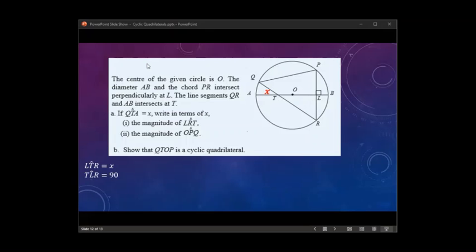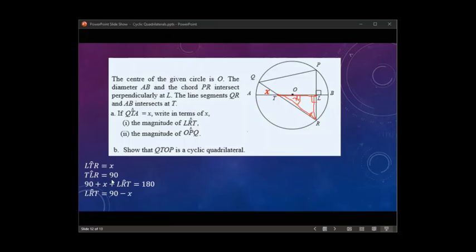Then, if you consider the sum of interior angles of this triangle, you can write 90 plus X plus LRT, this one, is equal to 180, sum of the interior angles of a triangle. So by simplifying that, you can get LRT is equal to 90 minus X.